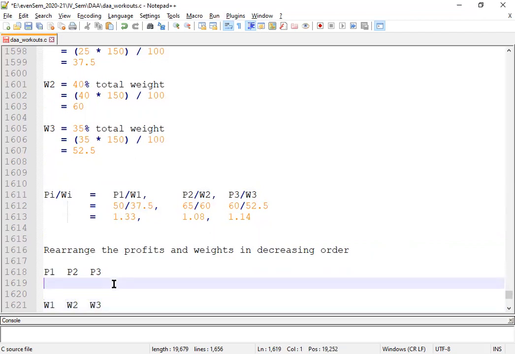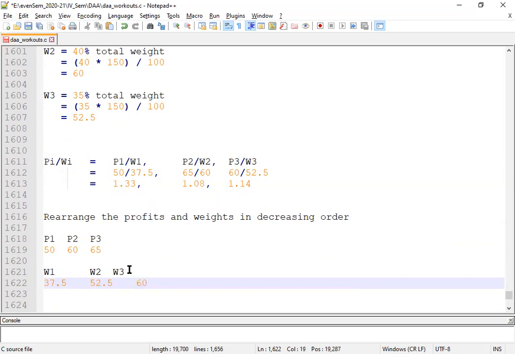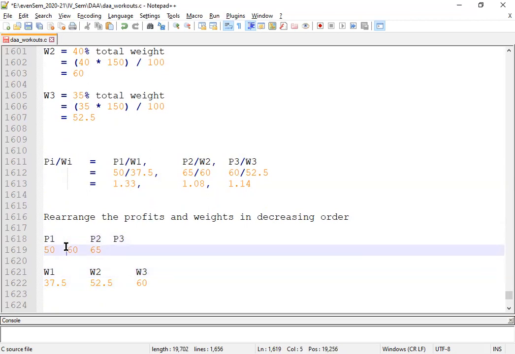P1 is straight away going to be the first object itself, that is, the profit is 50 itself. Then P2 will be the P3 actually, so that will be 60. And then P3 is going to be the P2 value, that is 65. The same way, we write down the corresponding weights: 37.5, then the second weight, 52.5, and then 60.